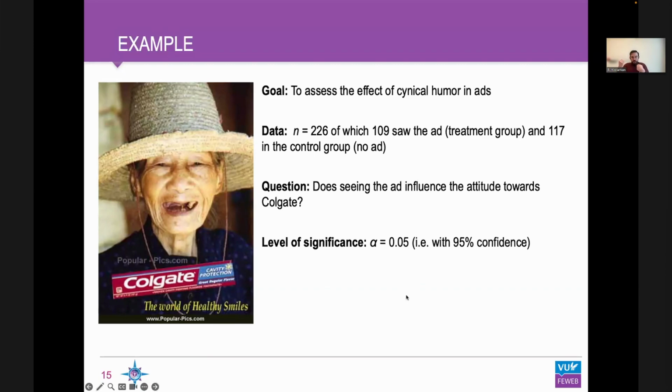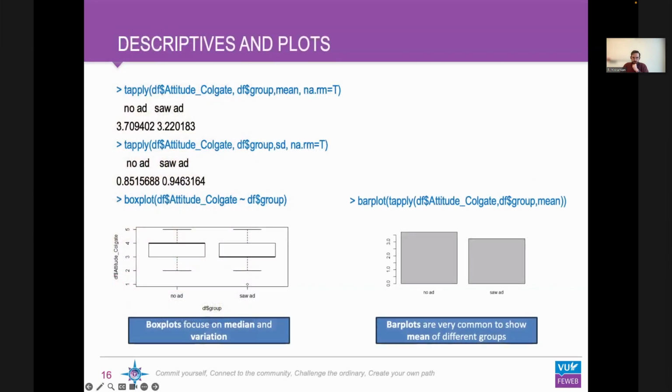So in this sense, we have two groups, right? Two different groups of people, or different groups of subjects, that we want to compare based on this attitude towards Colgate. One group saw the ad, the other one didn't, which means that we need to conduct an independent samples t-test.